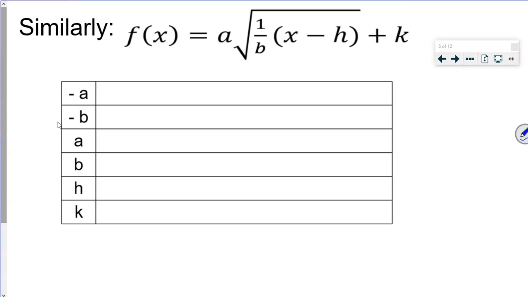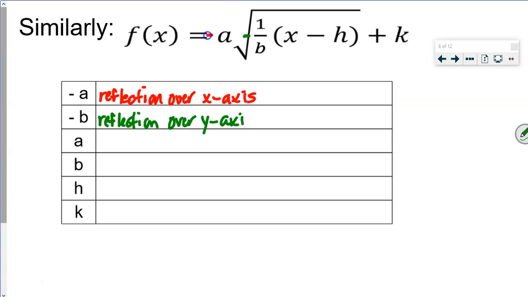When we're talking about a cube root or a square root, these rules apply. So first of all, we have a negative a. So in other words, if this value out here was negative, y'all, then that would be a reflection over the x-axis. And if this was negative under here, in other words, underneath the radical, then this would be a reflection over the y-axis.